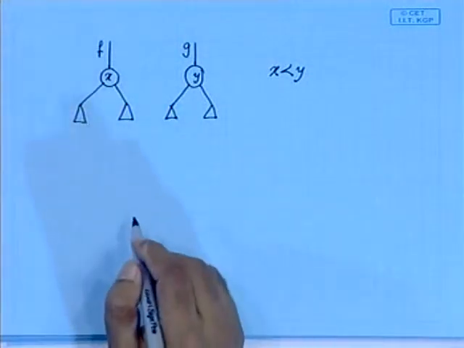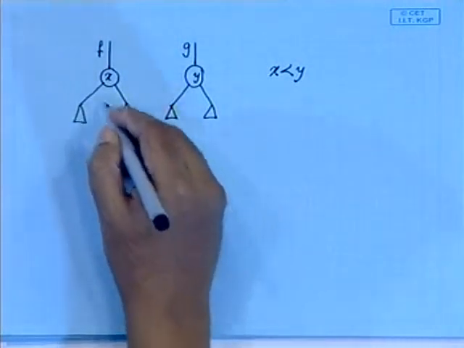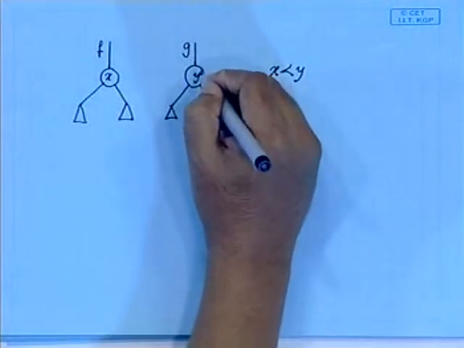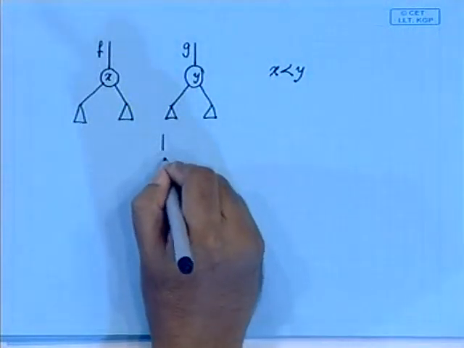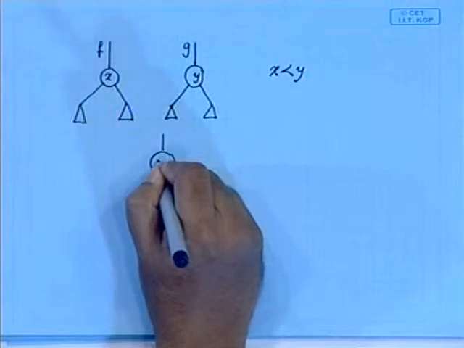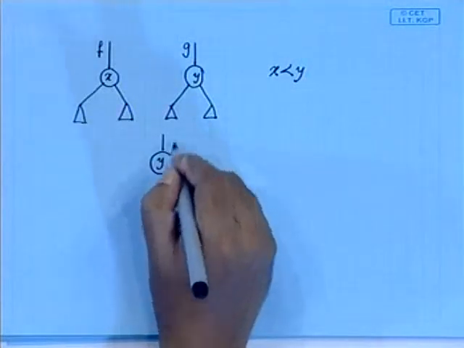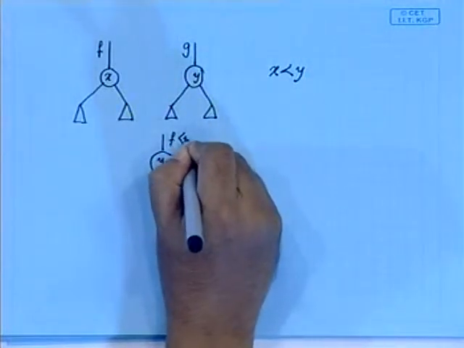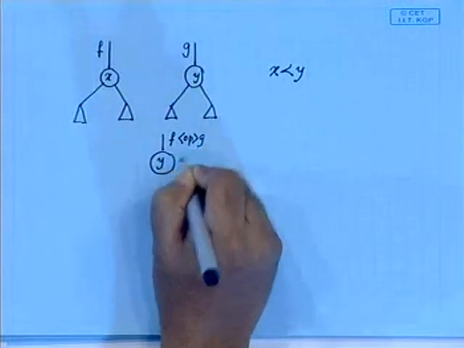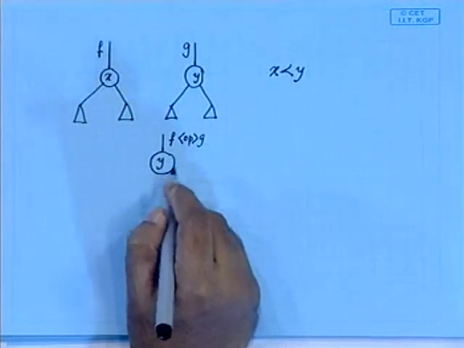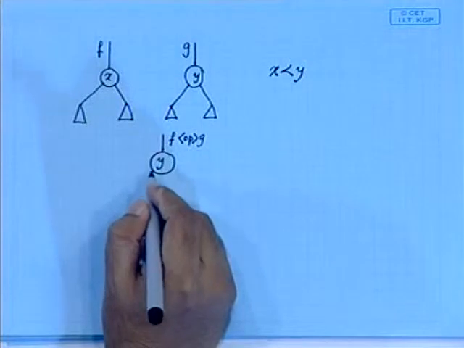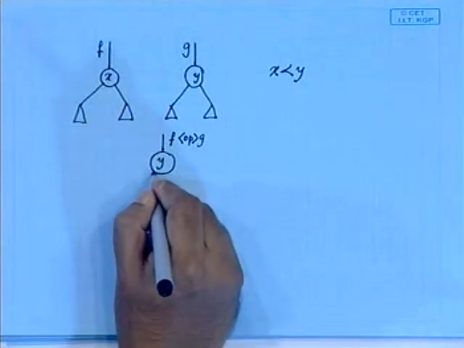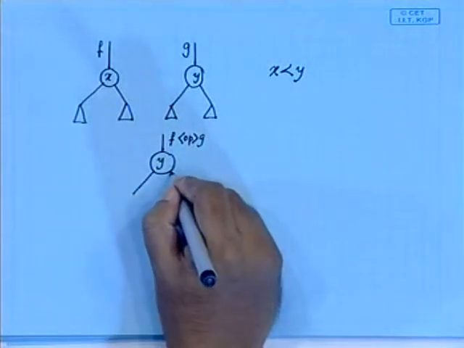So what are we going to do therefore? We will have to put y also in the final BDD, y will come ahead. So for the BDD of f op g, I will take the node y, and what am I going to do on this side and this side?